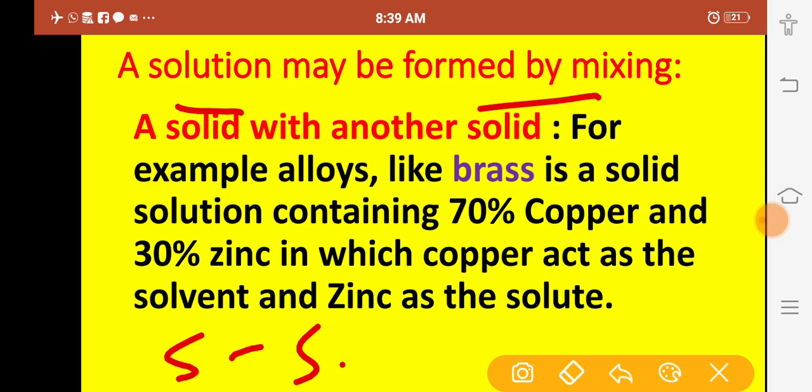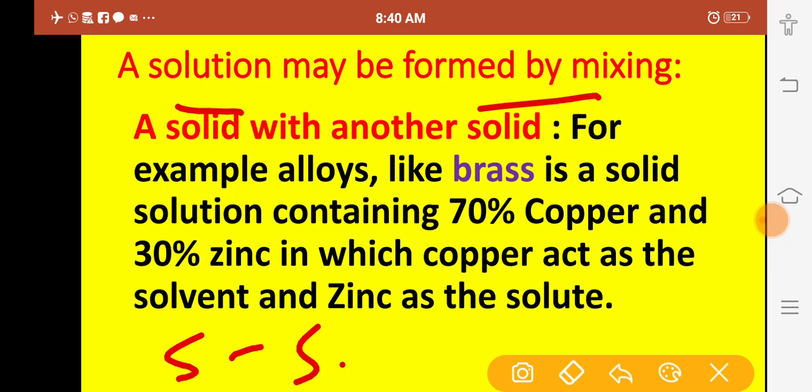See, alloys are very important solid materials which have a very important role in our daily life. We will discuss it in the next class, but you can see an example of an alloy, just like brass.